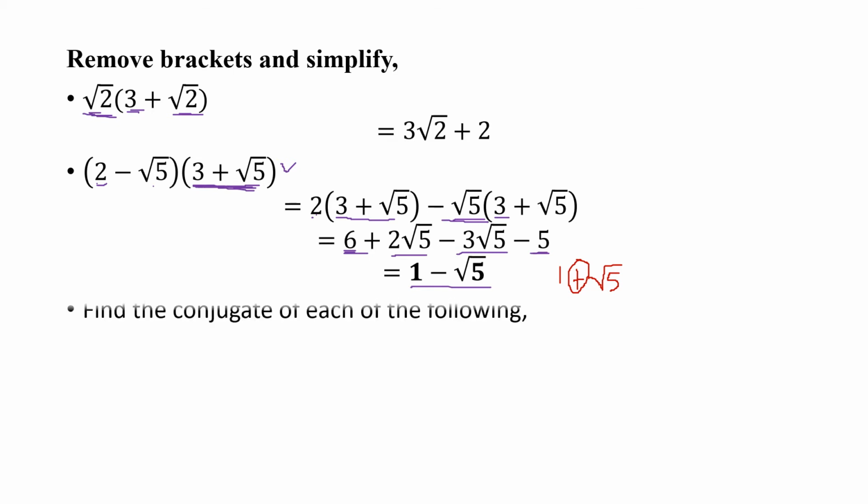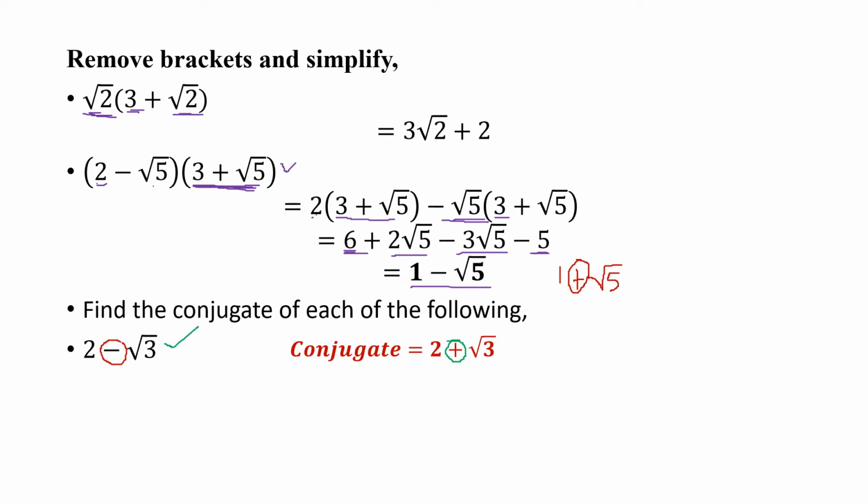Now let's find the conjugate of each of the following. We have 2 minus root 3. We just change this sign, so the conjugate of this one is 2 plus root 3.